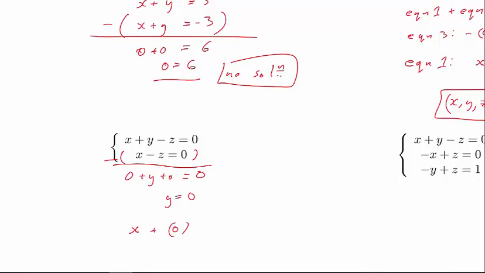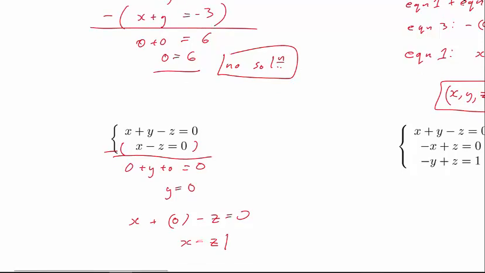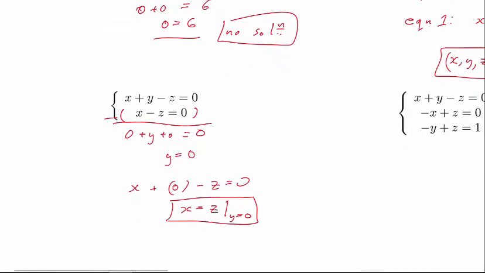So let's plug this into our equation 1, which has a value for y. We have x plus 0 minus z equals 0, and from here you'll find that x equals z. So we could describe this as the line through three-dimensional space x equals z such that y equals 0, which is a perfectly acceptable way to explain this.